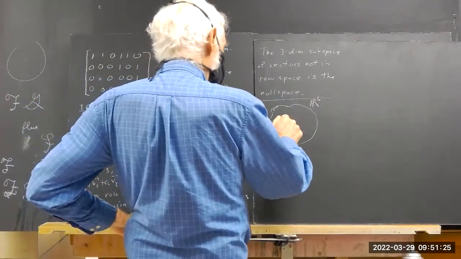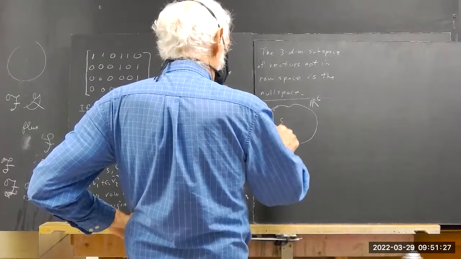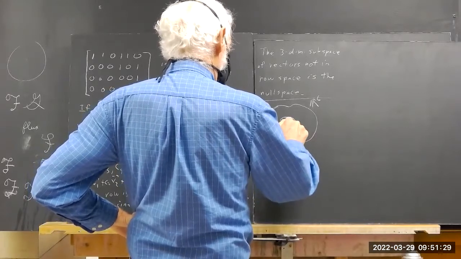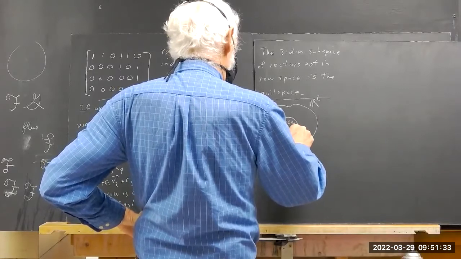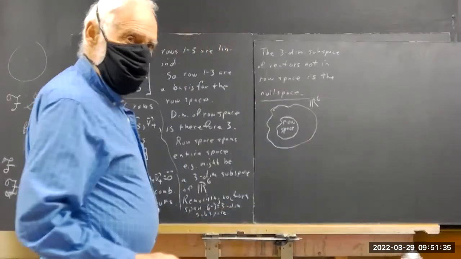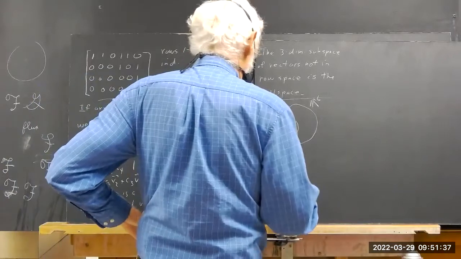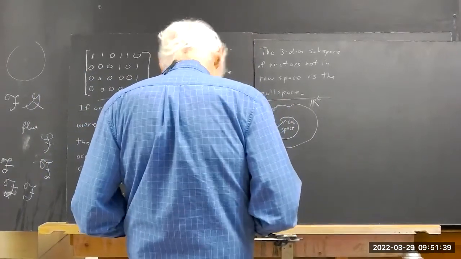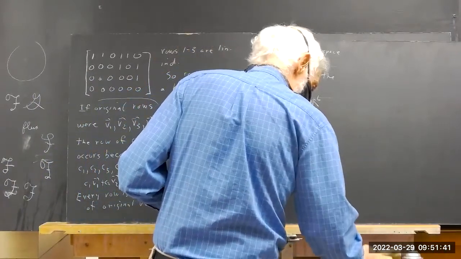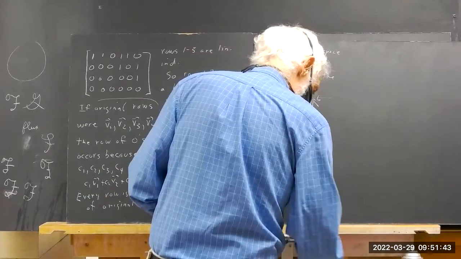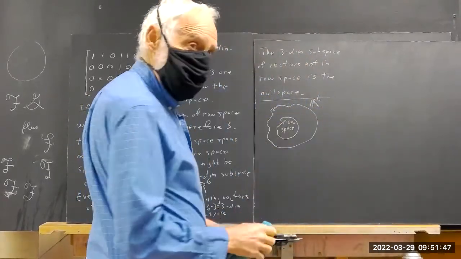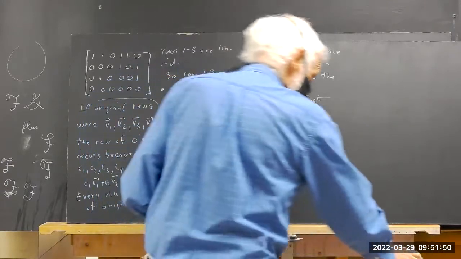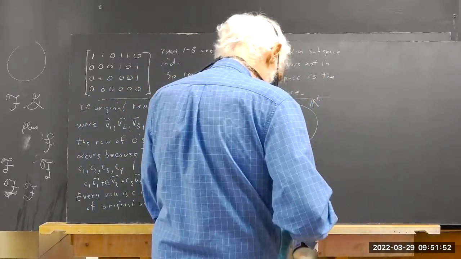Okay, well, here's the row space. The way I want to picture this, just the row space is here and the column space is everything else, okay?